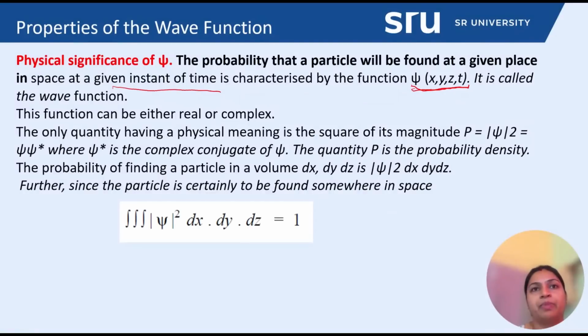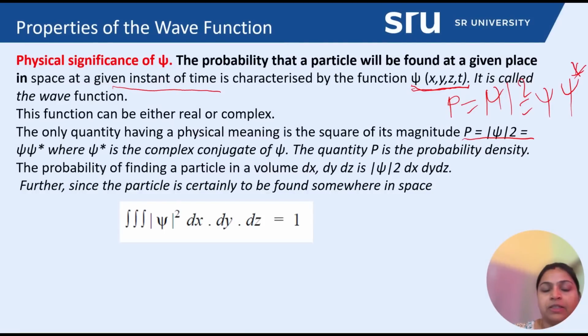The only quantity having a physical meaning is the square of the magnitude, that is P is equal to psi square, which is nothing but psi into psi star.